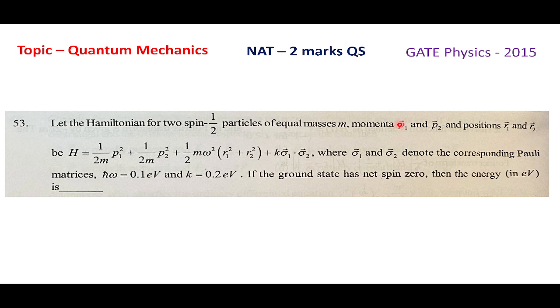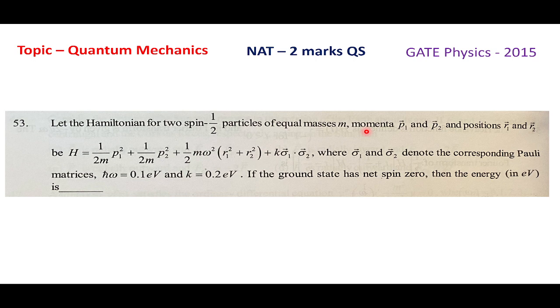I took P1 square by twice m plus half m omega square R1 square separately. So its energy eigenvalue would be N1 plus 3 by 2 h cut omega, since it is a three-dimensional quantum harmonic oscillator. Similarly, for the second part, the energy eigenvalue is N2 plus 3 by 2 h cut omega.